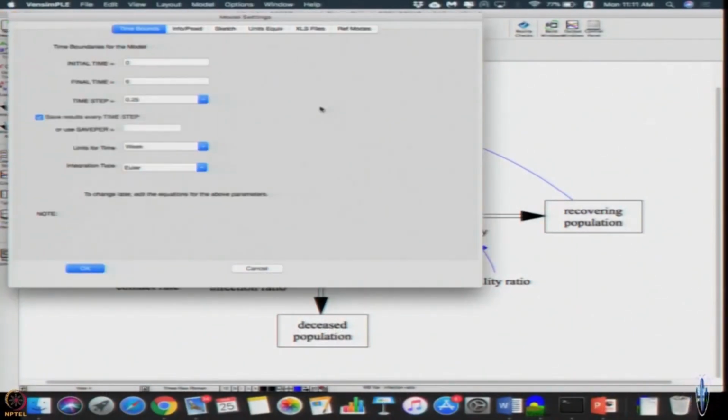Here the time step is 0.25. In our case, the smallest delay was the 0.35 recovery time. Here it was 20 into 0.75. So the smallest was 0.35, while the time step used is 0.25. So ideally we want the time step to be much lower than the smallest delay, right? So that could be a cause for unusual dynamics.